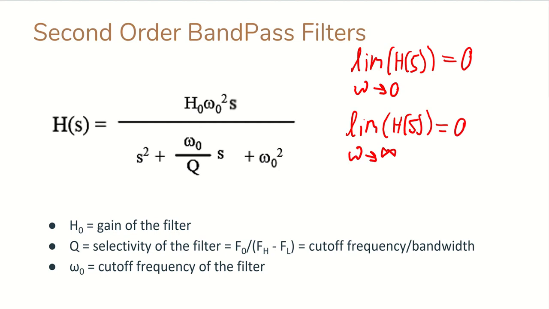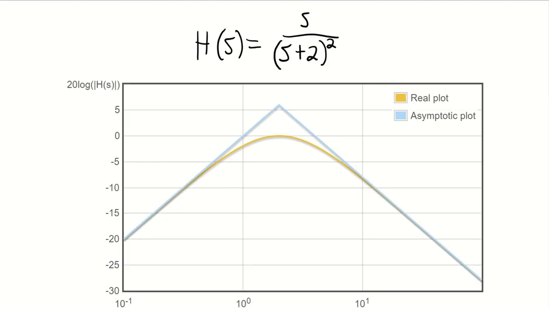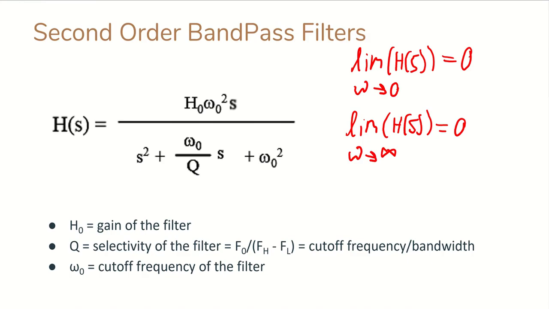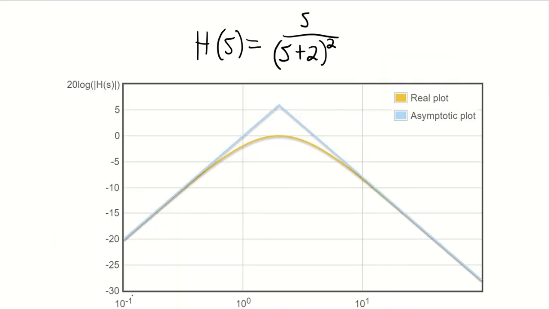It's a little confusing, but when you look at it graphically, it's shown like this. So when we take the limit of the transfer function as omega approaches 0, so going this way, our transfer function will approach 0, which is what's shown here. Same thing as our frequencies approach infinity. It goes towards 0.